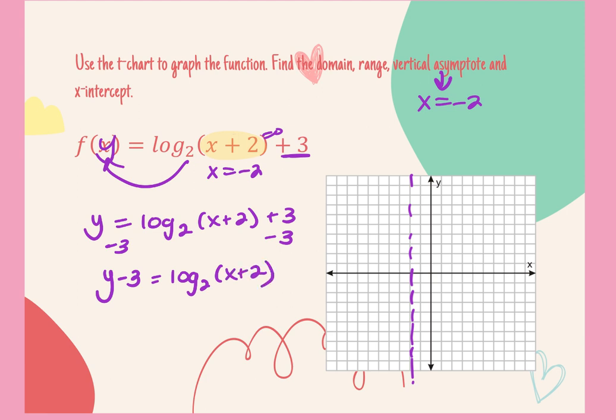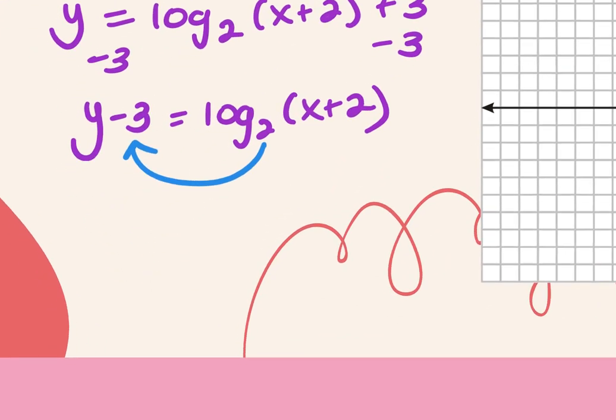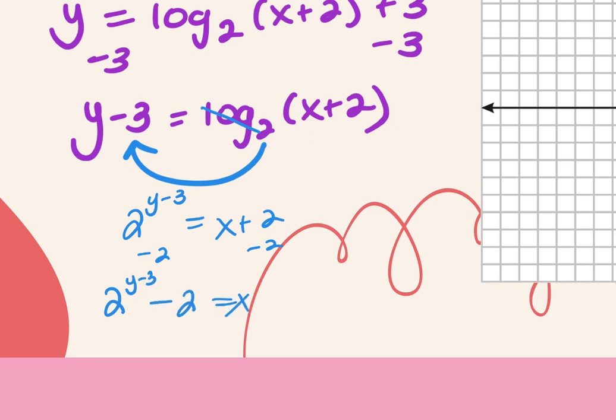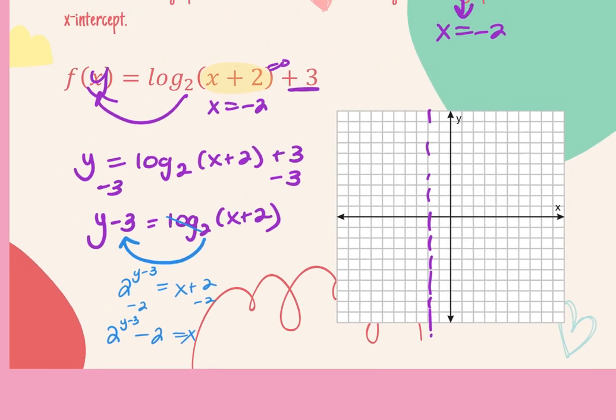And now the 2 picks up the y minus 3. So my exponent is y minus 3, equals x plus 2. And then I subtract that 2, and I get 2 to the (y minus 3), minus 2, equals x. And that's what I'm plugging the y into.